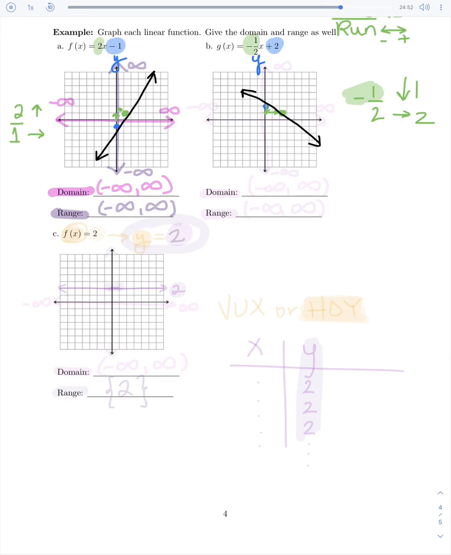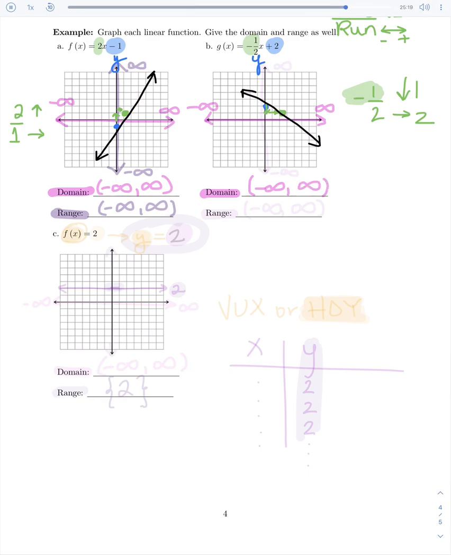Just like the last one, let's notice that our domain here, reading our graph from left to right, from negative infinity to positive infinity, goes to the left and to the right forever. So our domain will be negative infinity to positive infinity.